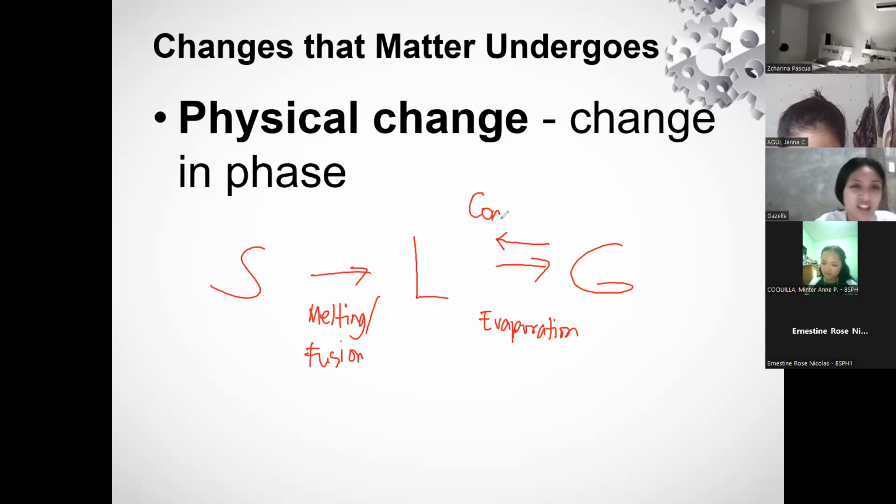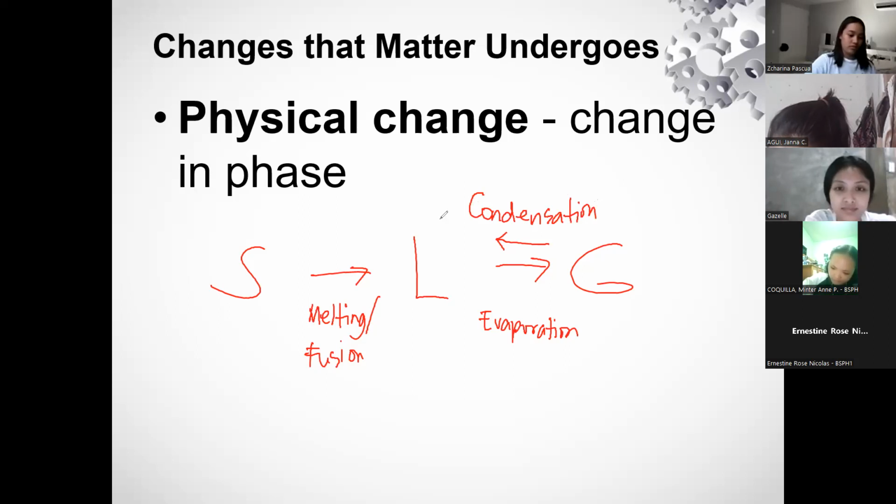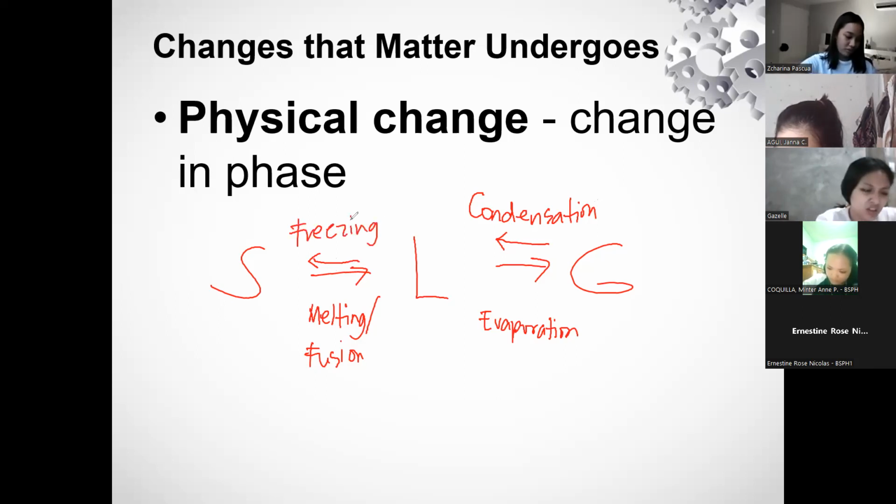Condensation. Very good. This is condensation. Paano ito? Baliktad. Liquid to solid. Solidification, or freezing. That is also correct. Okay? So, freezing. Liquid to solid, that is freezing.